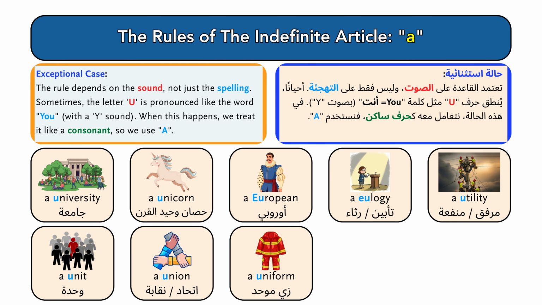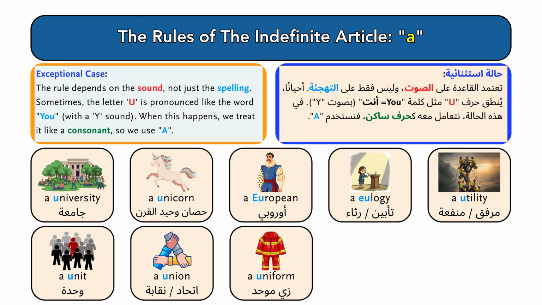Now, English can be tricky. There is a very important exceptional case you need to know regarding a. The rule depends on the sound, not just the spelling. Sometimes the letter U is pronounced like the word you, with a Y sound. When this happens, we treat it like a consonant, so we use a.